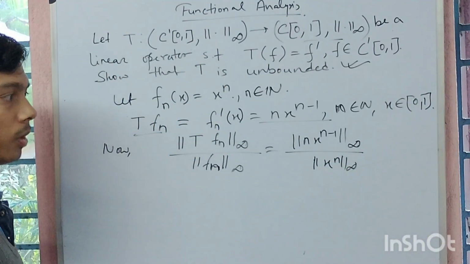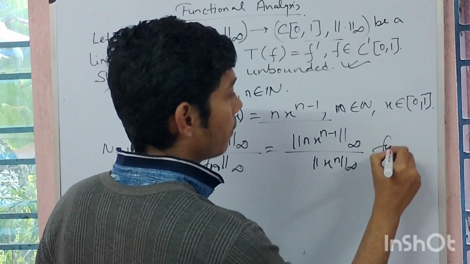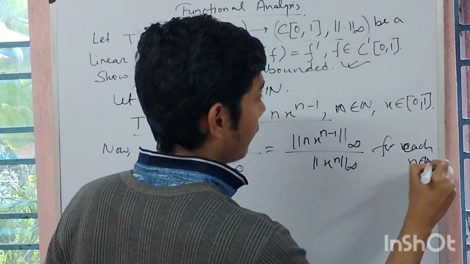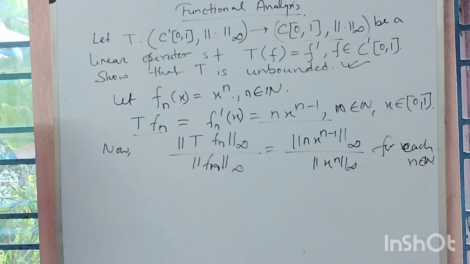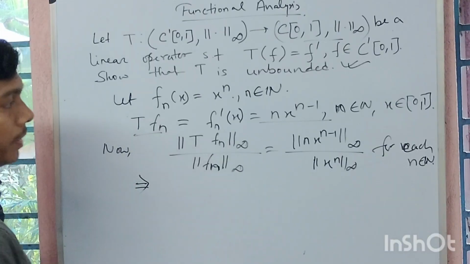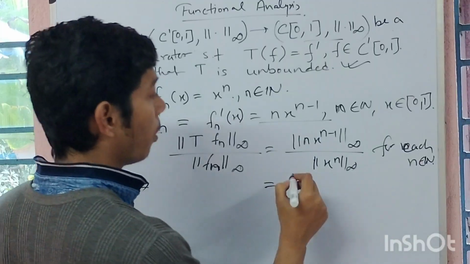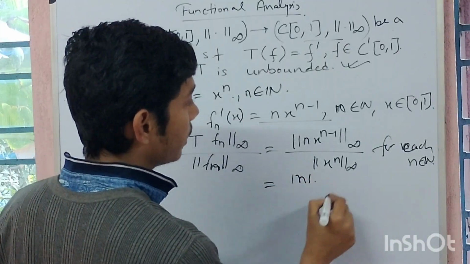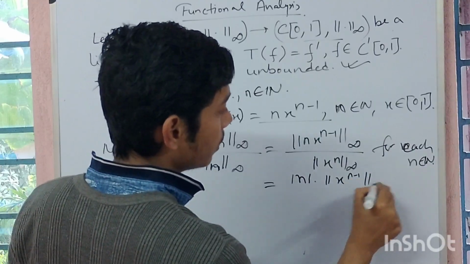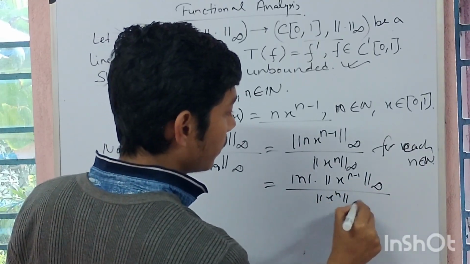Okay. Now, for each n, from the property of norm, it will be mod n into the norm of x to the power n minus 1 by the norm of x to the power n.